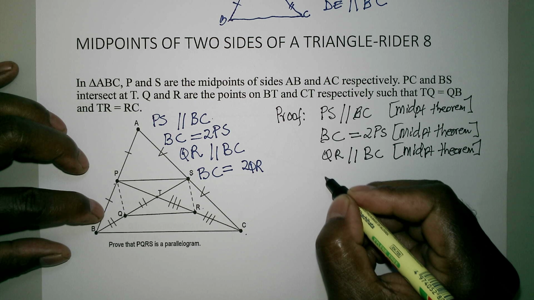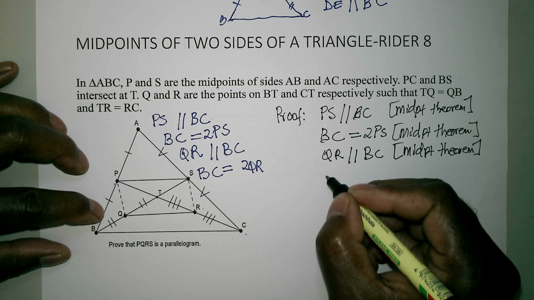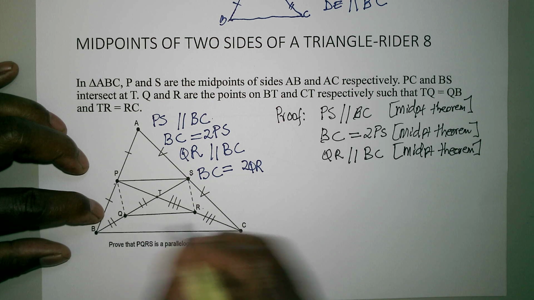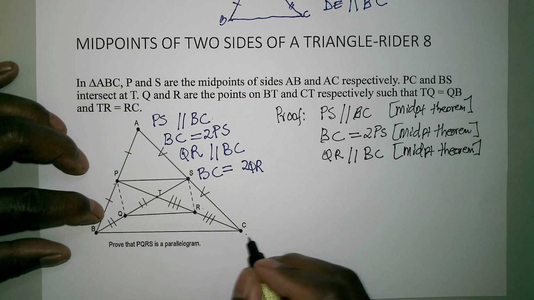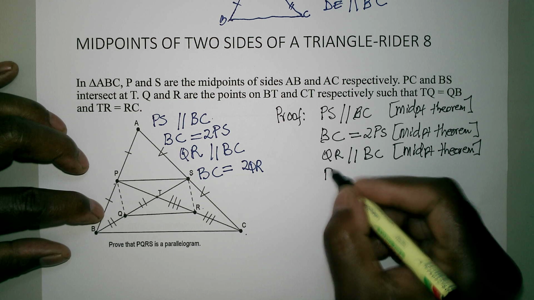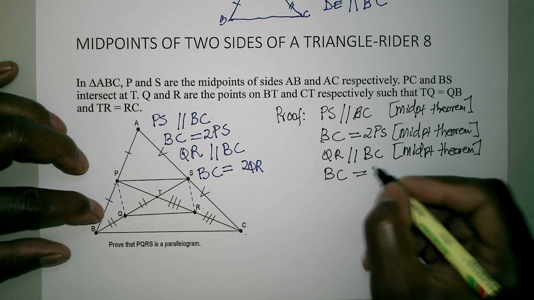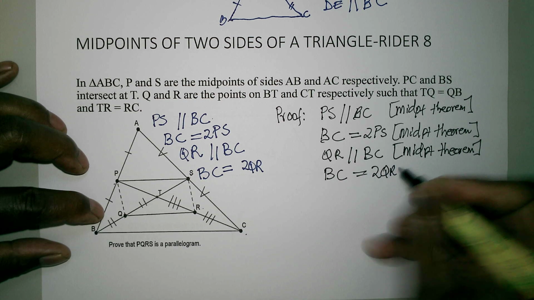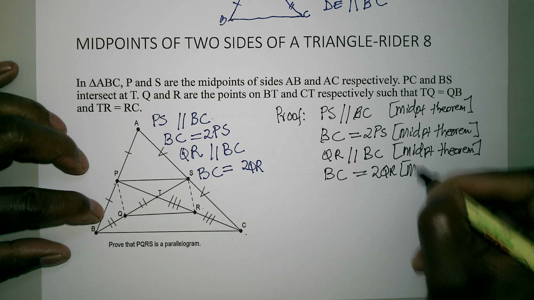But one thing that we know is that QR, because it's parallel to BC, is also half of BC, or BC is twice QR. Midpoint theorem.